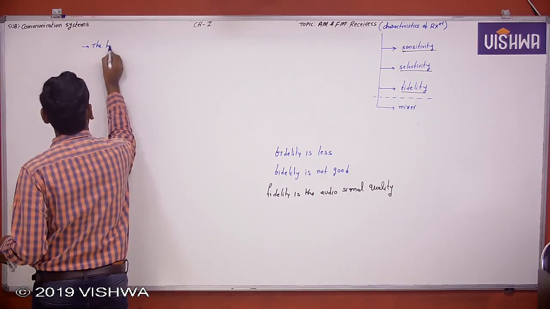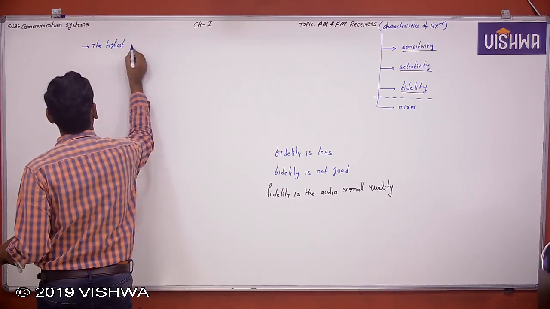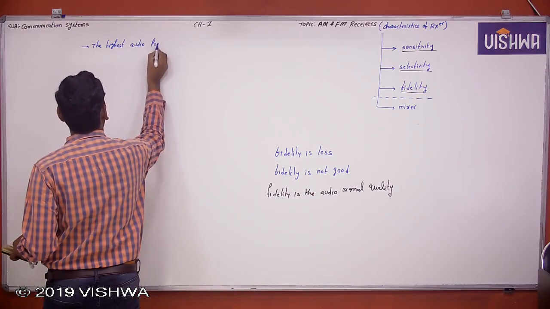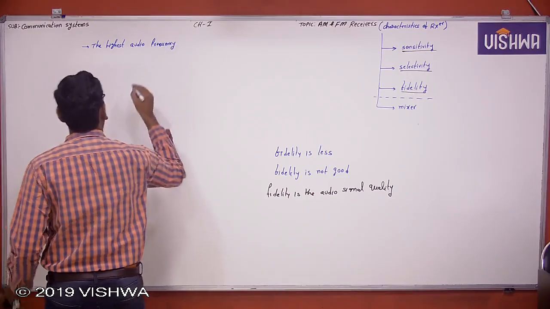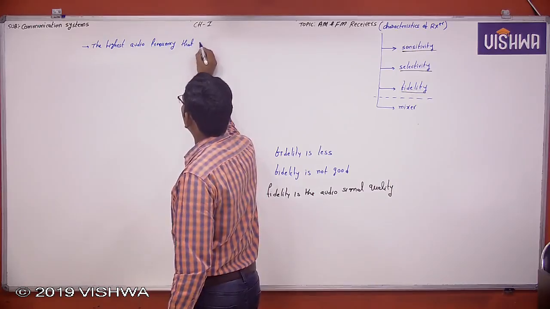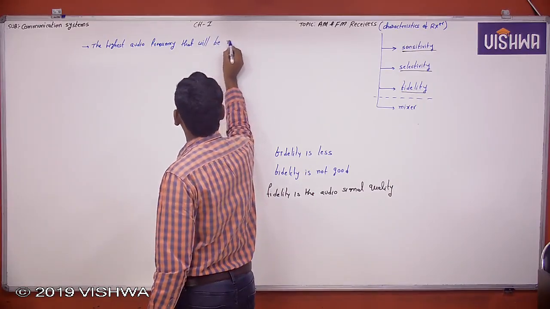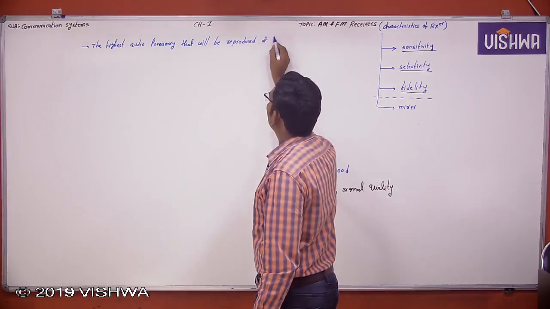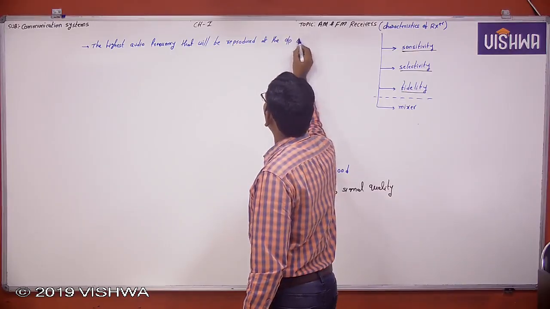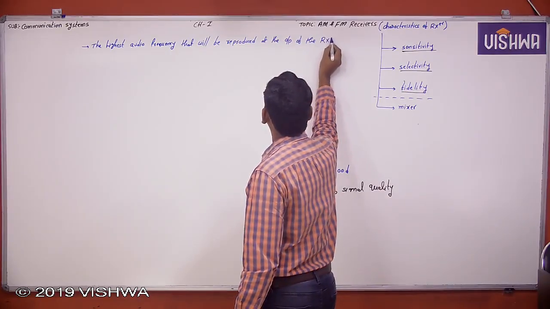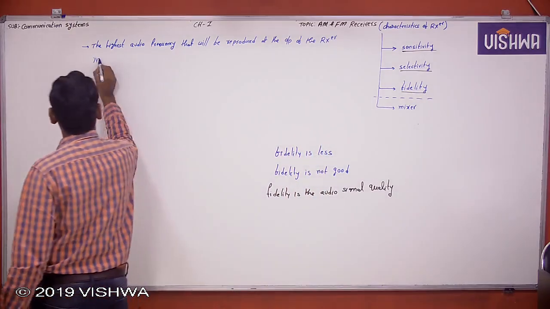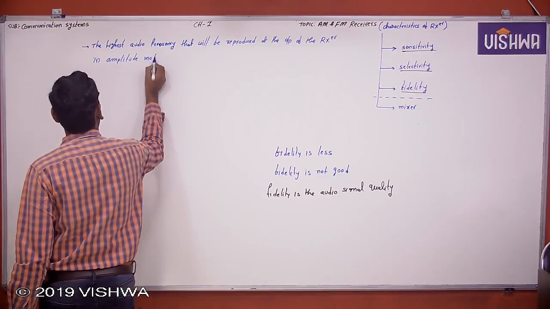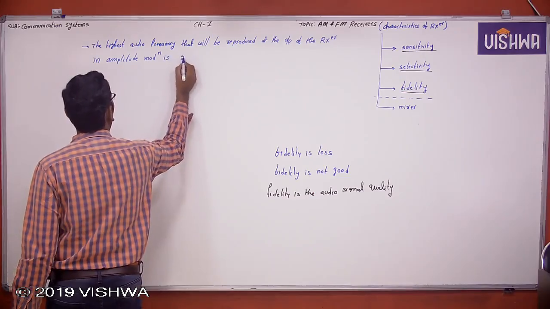The highest audio frequency that will be reproduced at the output of the receiver in amplitude modulation is 5 kHz.